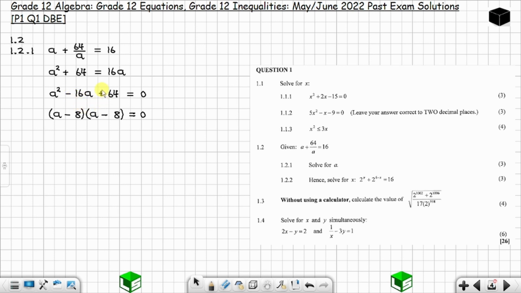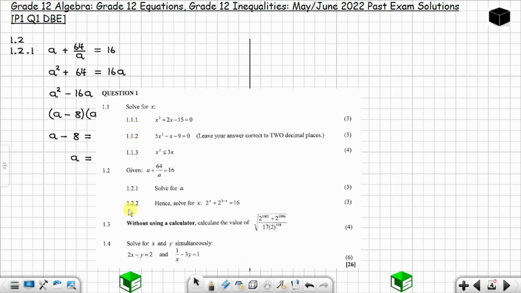And you can see that you have a plus there. When you have a plus there, it means that the signs inside the bracket are going to be the same as what? As negative. Okay? And from here, you know that a minus 8 is equal to 0. And from here, you know that a is equal to, you take the negative 8 to the other side, a is equal to 8. Okay? You have solved for a. Let me draw a line here.